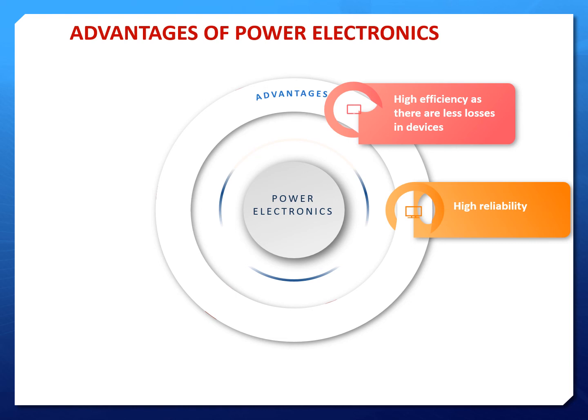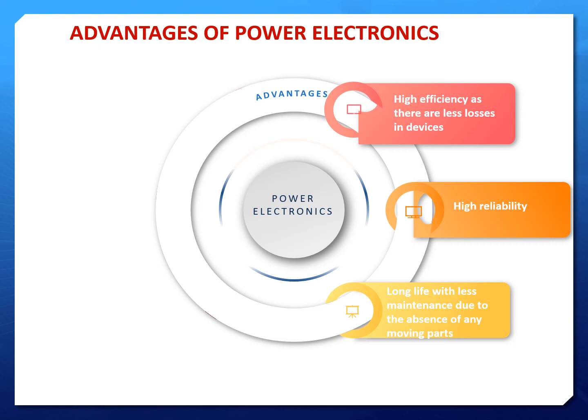Another one is reliability. These devices will not get any damage. Preferably they operate continuously and have a long lifetime, so reliability is more. Another one is long life with less maintenance due to the absence of any moving parts.